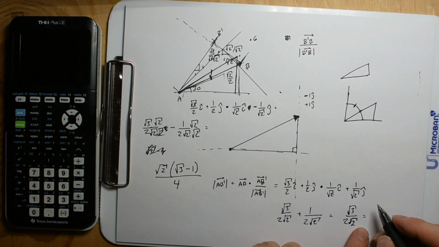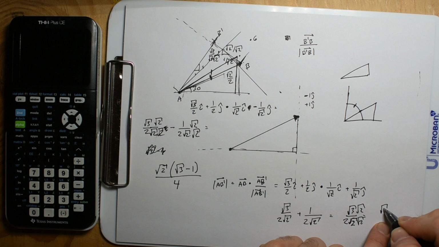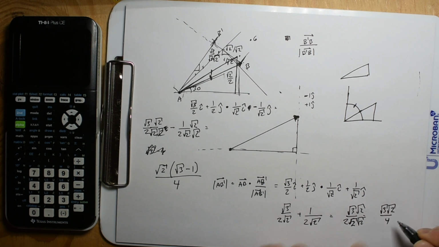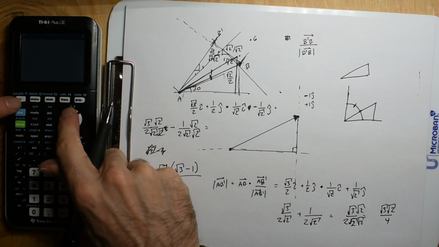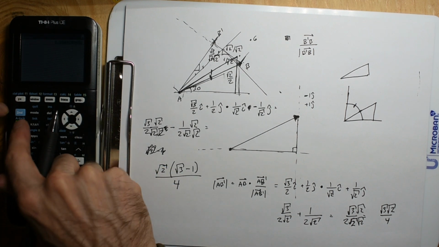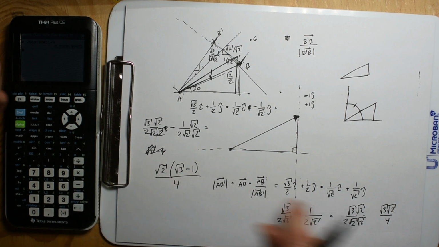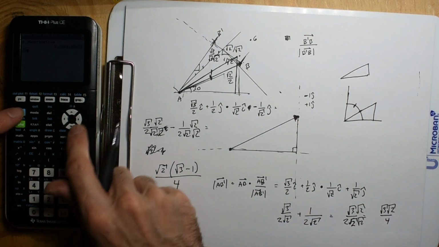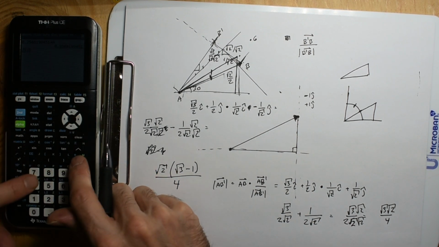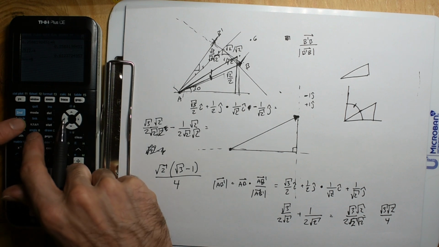And rationalized, that's going to be square root 3 square root 2 divided by 4. And hopefully that's right. I'm going to store this as alpha A. And then we're going to go square root 3 square root 2 divided by 4, stored as alpha b.